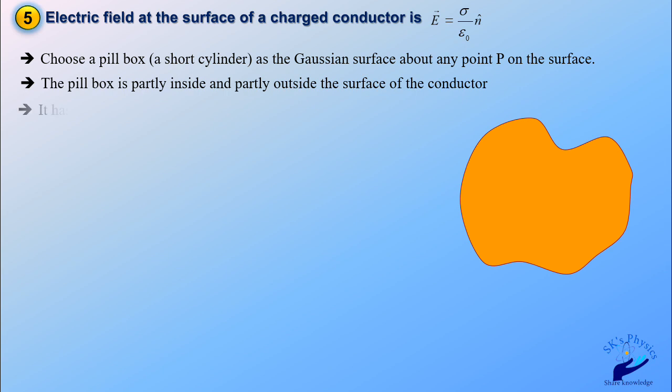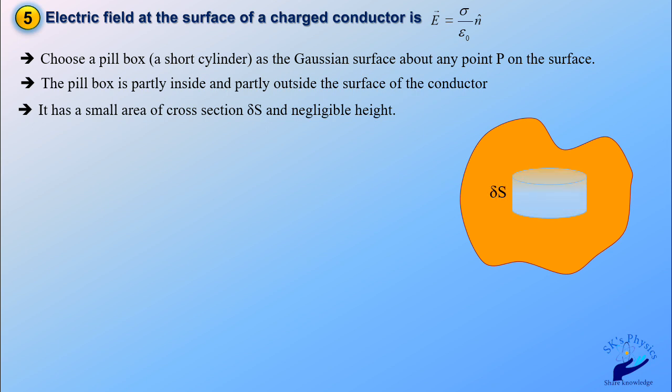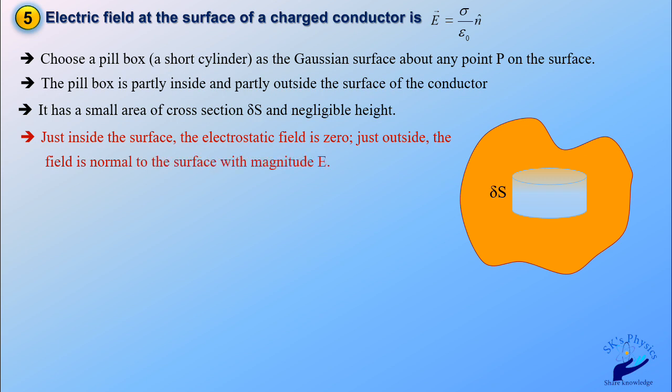It has a small area of cross section delta S and negligible height. Just inside the surface, the electrostatic field is 0. Just outside, the field is normal to the surface with magnitude E.